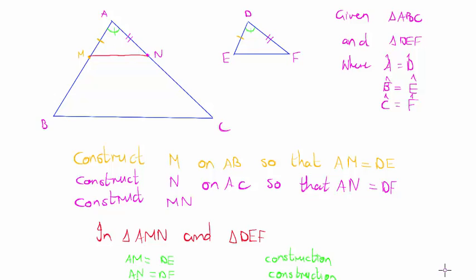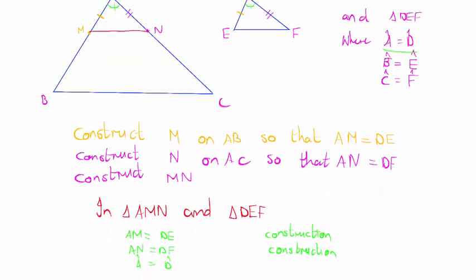My question is, why do we know that angle A is equal to angle D? Remember, these two triangles were given to us in the beginning. And in the beginning, they told us they are equiangular. They told us A is equal to D. So it was given.